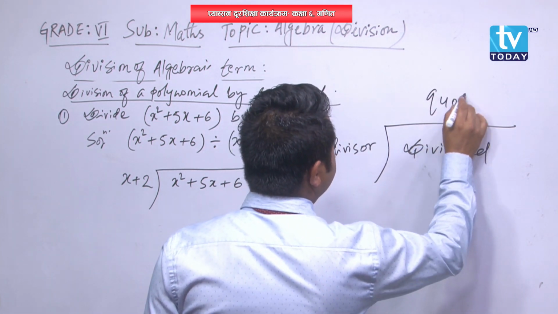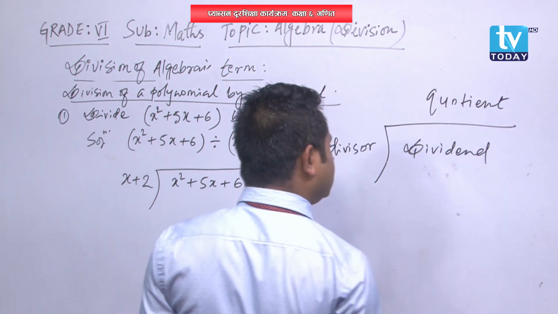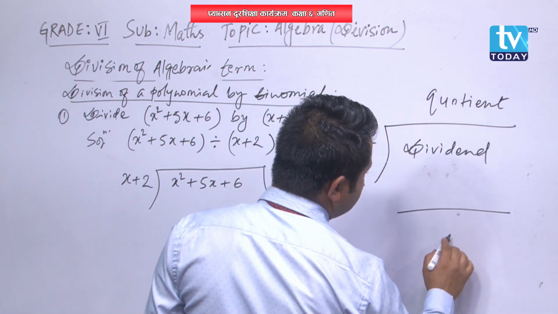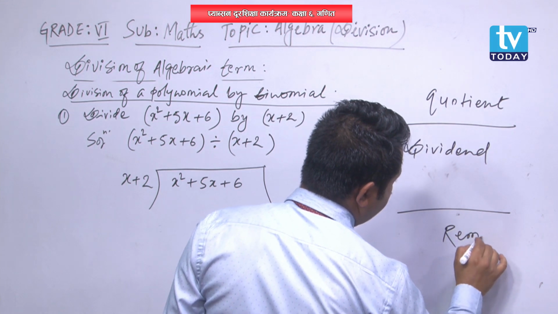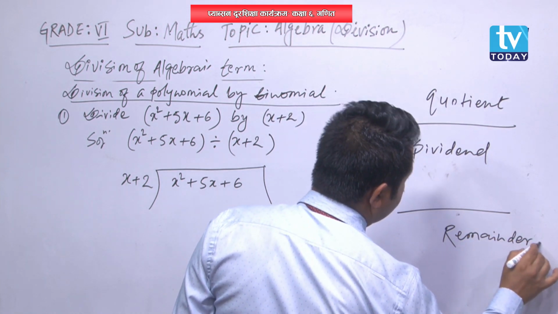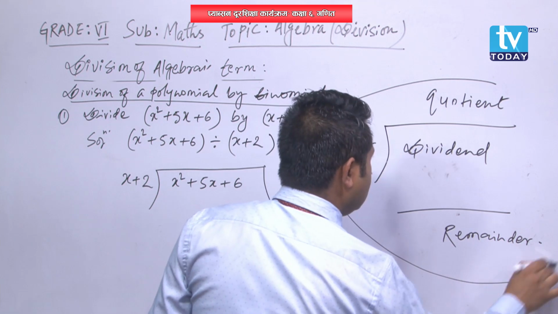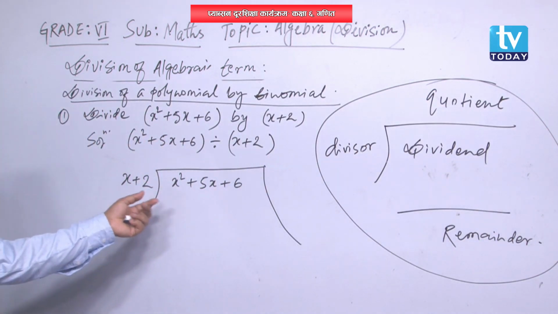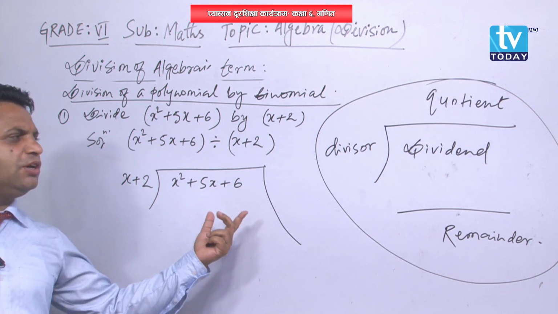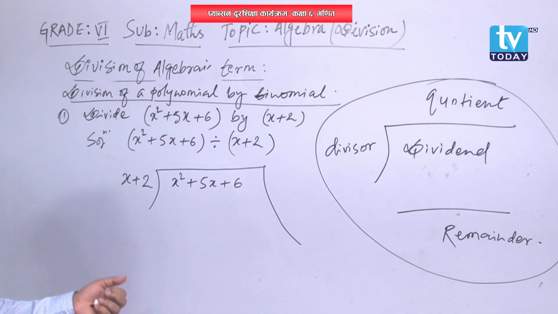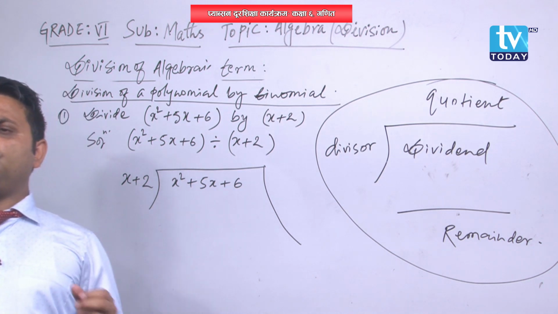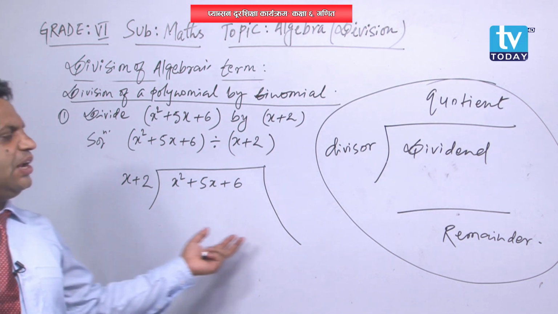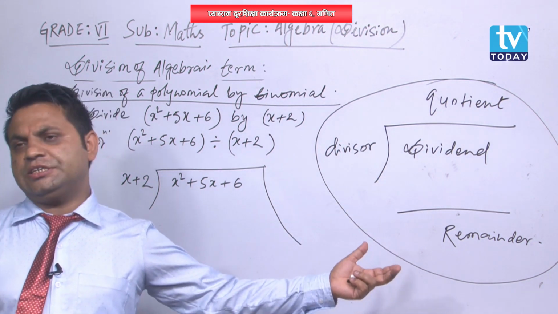Whatever value you get will be the quotient, and at last it will be the remainder. Is that clear? In this case, we have divisor x plus 2, dividend x square plus 5x plus 6. Quotient we have to find in this case, and remainder also we have to find.